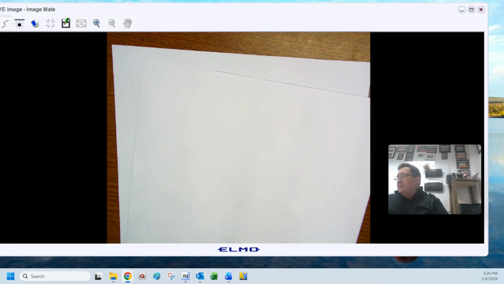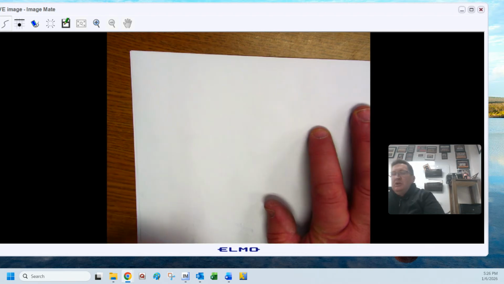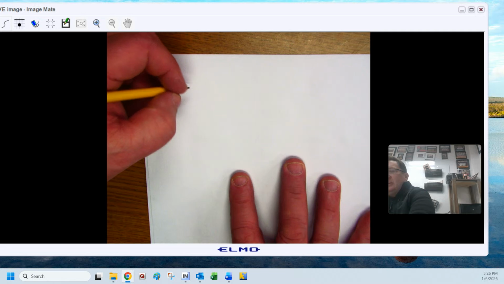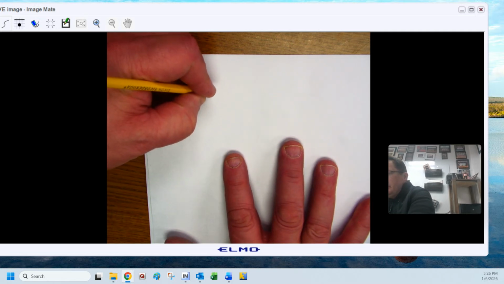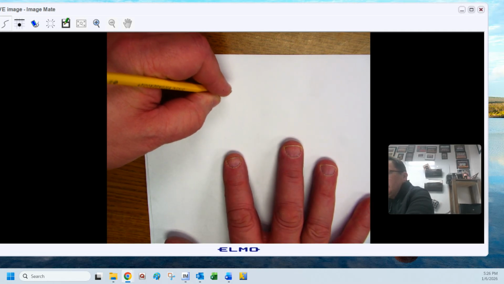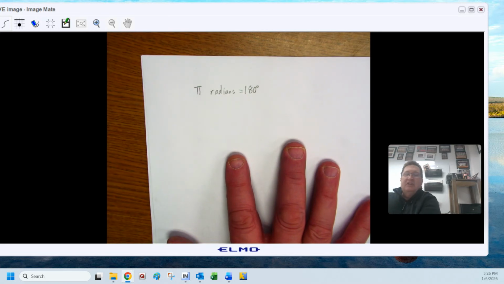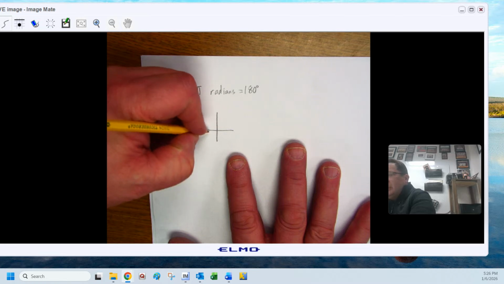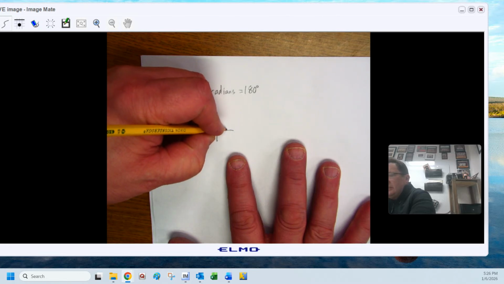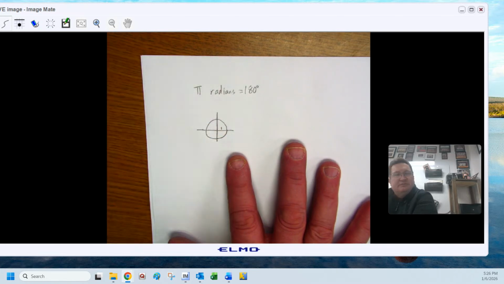All right, so a radian is defined in the following way. Pi radians is 180 degrees. The most common circle is the circle that is centered at the origin and has a radius of 1.